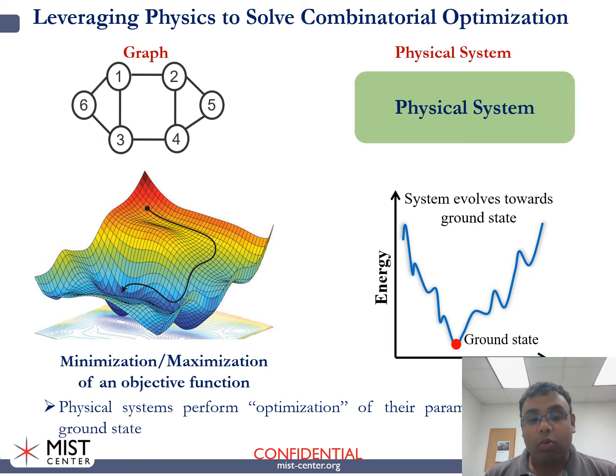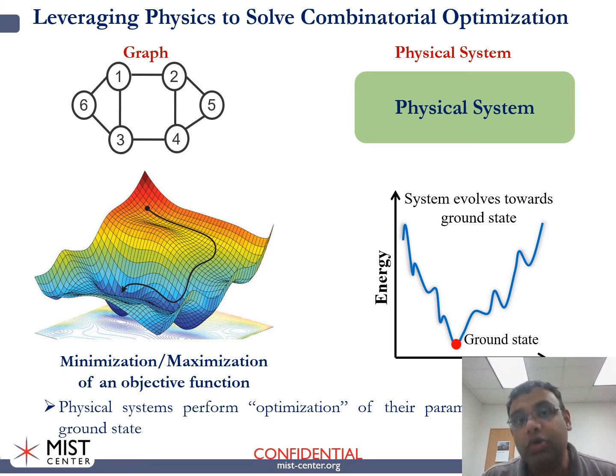One alternate approach could be that we design a physical system whose function, be it an energy function or entropy function, can be directly mapped to this combinatorial optimization function.